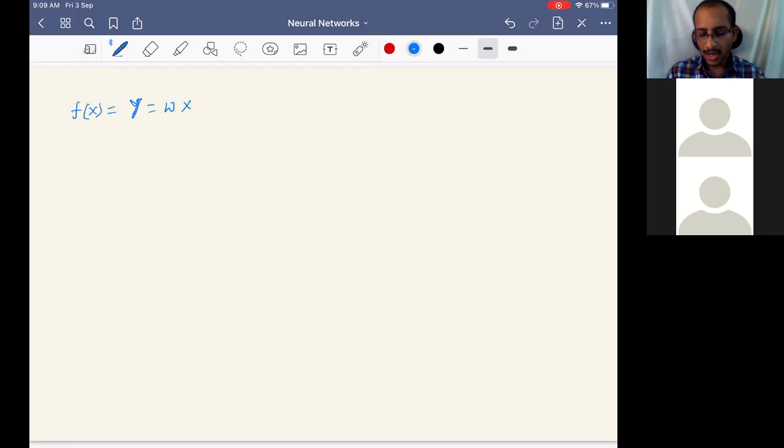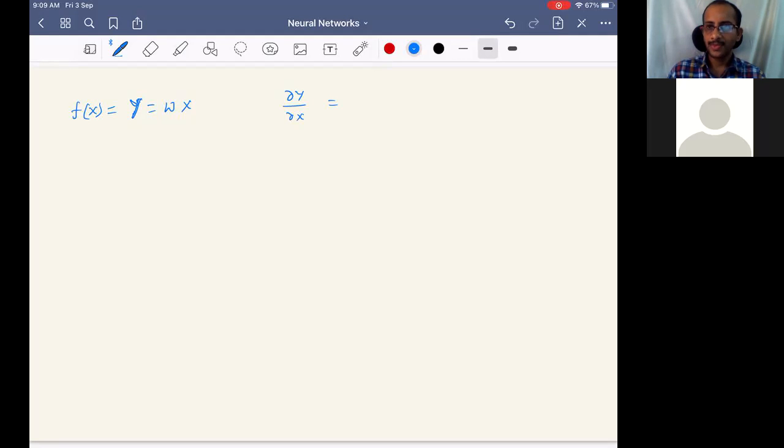In this case, if I write dou y by dou x, what is the dimension of dou y by dou x? Can one of you tell? Let x be d cross 1 and y be n cross 1.